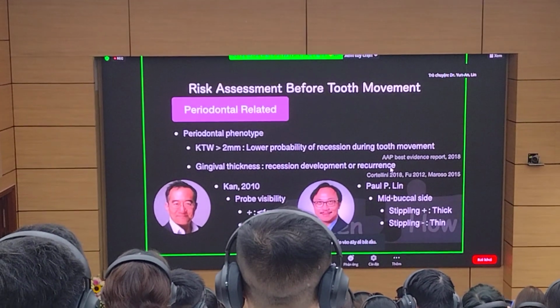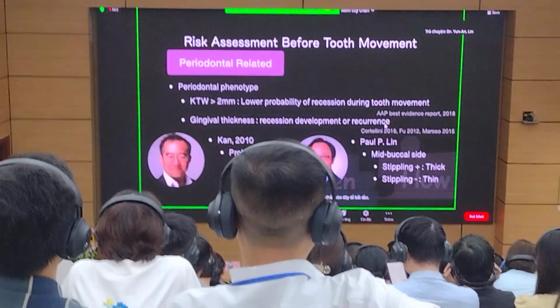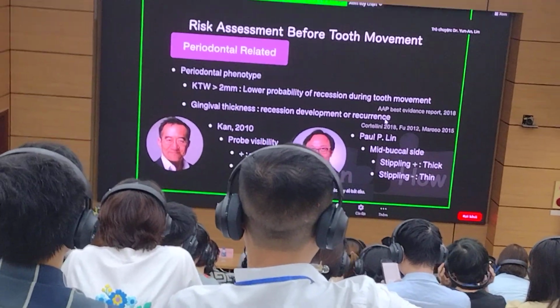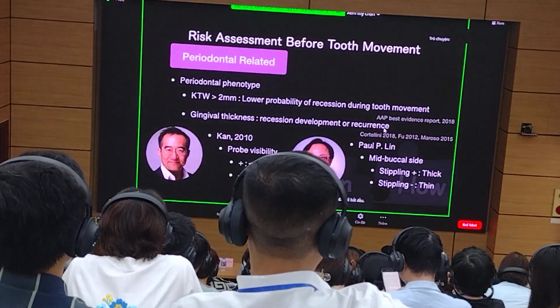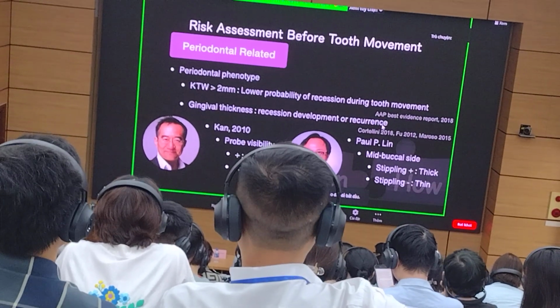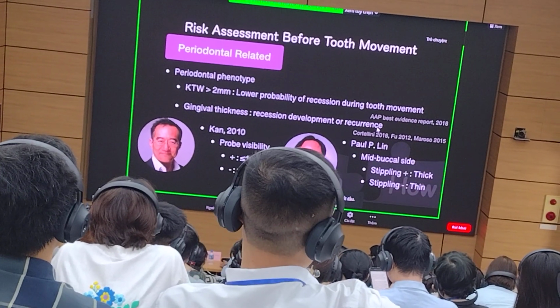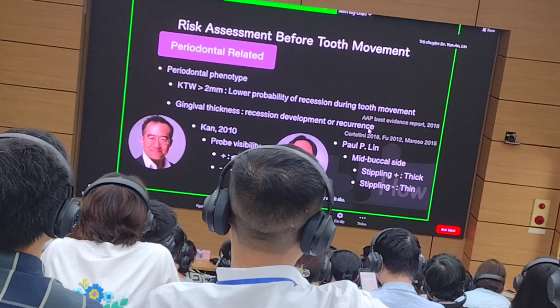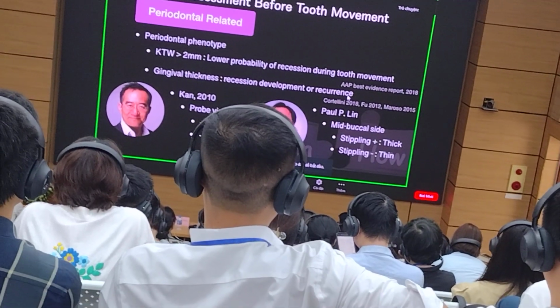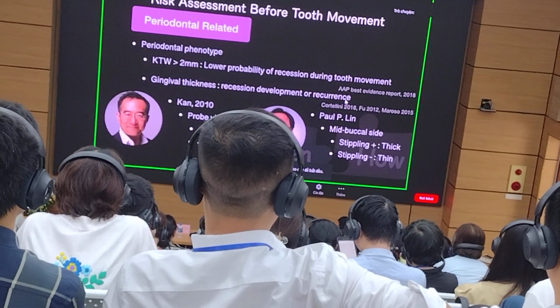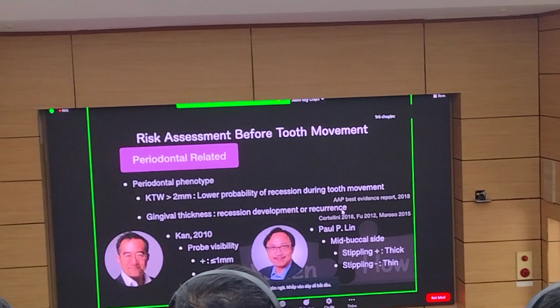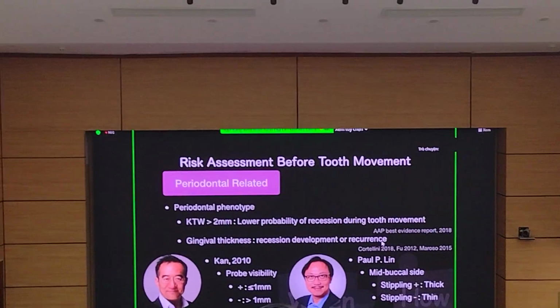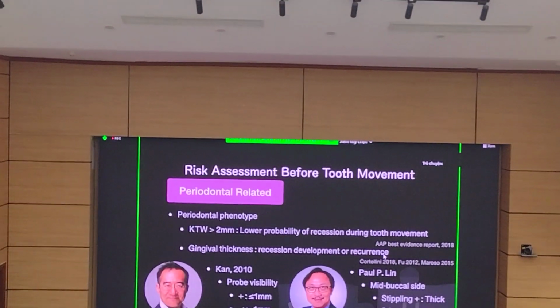But sometimes the probe still can be observed through the thick gingiva. As a result, I would like to advise you of another way to distinguish the thin and the thick gingiva. Let me introduce you to one of my mentors, Dr. Paul Lin. He is also the master of soft tissue in Taiwan.